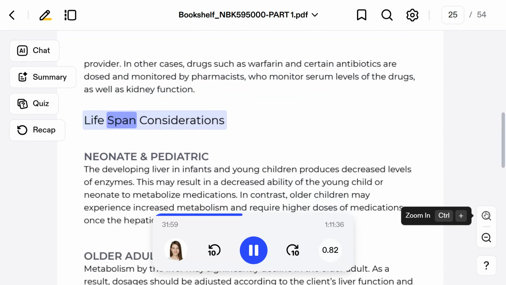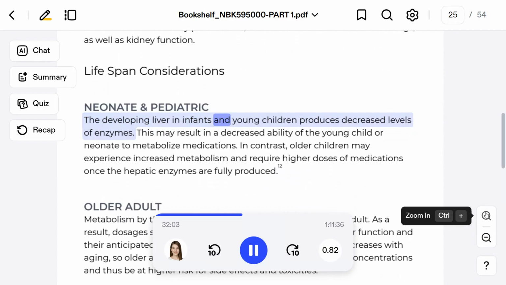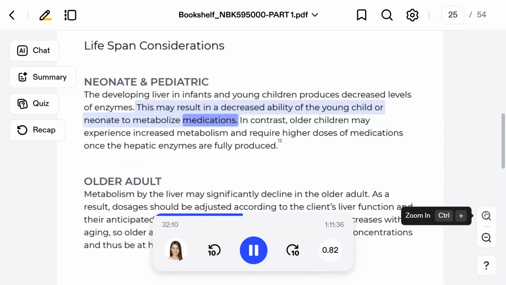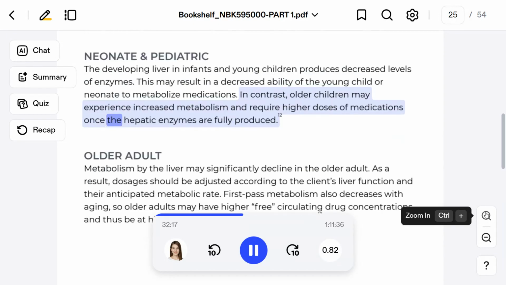Lifespan considerations: neonate and pediatric. The developing liver in infants and young children produces decreased levels of enzymes. This may result in a decreased ability of the young child or neonate to metabolize medications. In contrast, older children may experience increased metabolism and require higher doses of medications once the hepatic enzymes are fully produced.